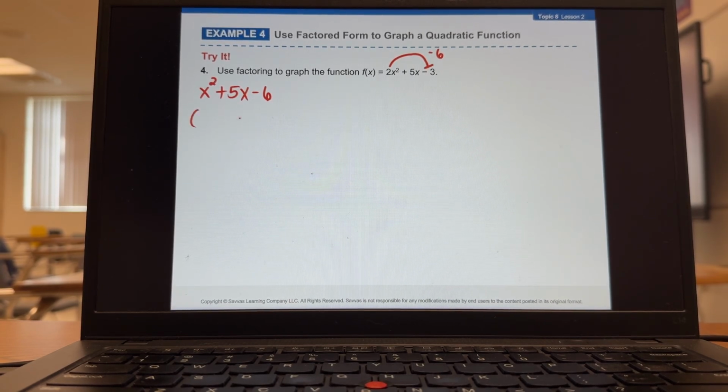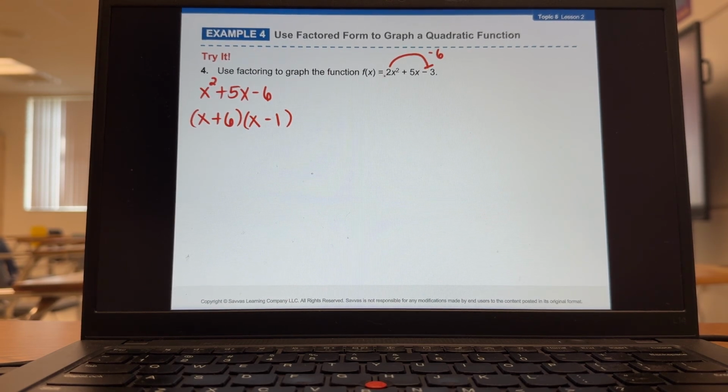Now I factor this one like the easy ones. X squared, now I can do X times X. What two numbers when I multiply give me a -6, but when I add give me a +5? A +6 and a -1.